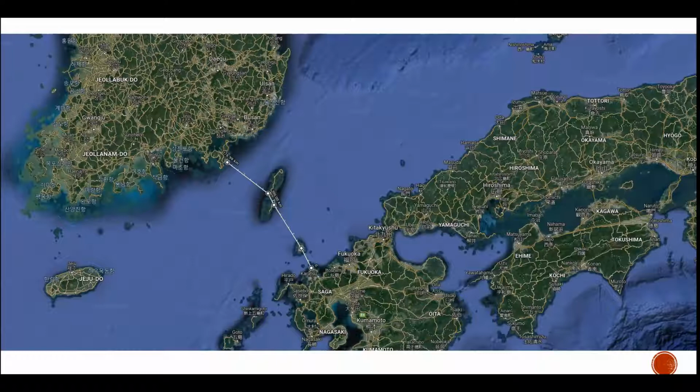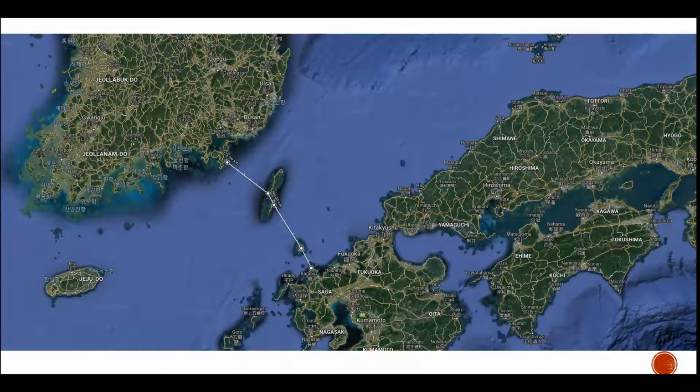But if you try to find the shortest distance, excluding the width of the islands, I think the distance between these two countries is around 130 kilometers, if you want to dig a tunnel or build bridges between these two countries.